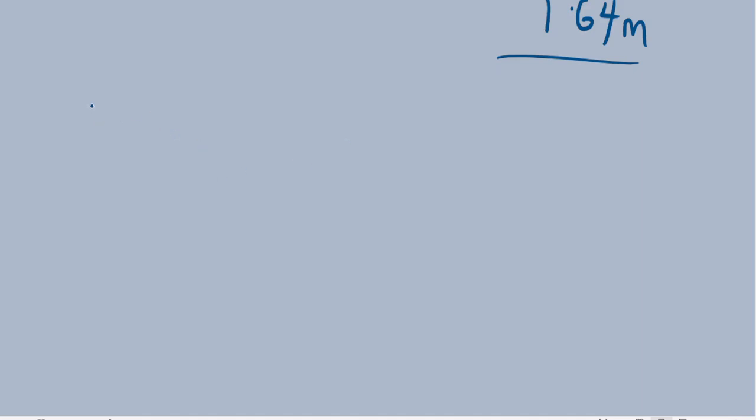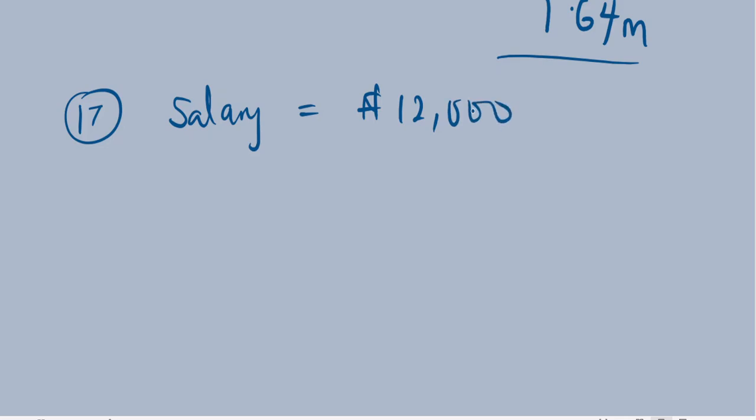So question 17, the salary of Paul was 12,000 naira. Now it was increased by 6%. Let's use two methods. 6% of 12,000 naira is what? 6 times 120 will give you 720.